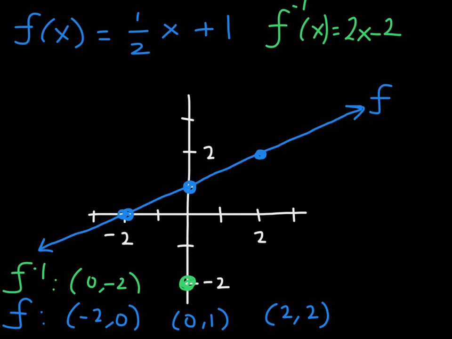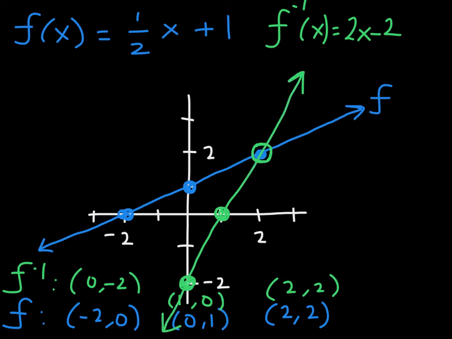So instead of 0, 1, you're going to have 1, 0. Excuse the sloppiness, but 1, 0 would be that point. And this one, instead of 2, 2, you'll have 2, 2. So this point actually lives on both of my functions. And so the graph looks something like this.